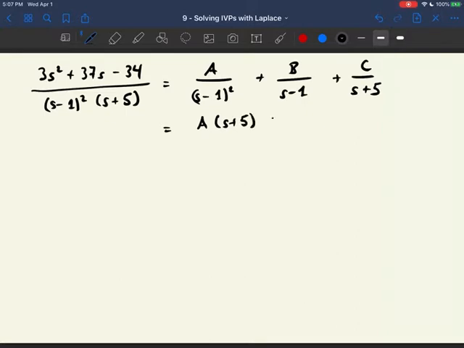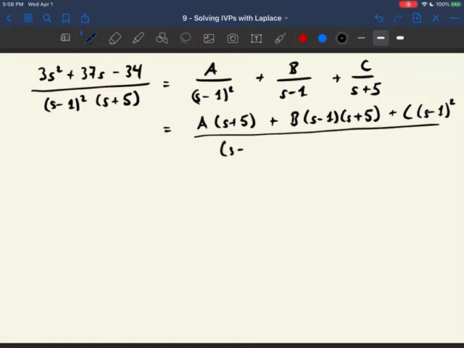All right, so we're going to get a common denominator on the right-hand side. That will give us A times s plus 5 plus B times s minus 1, s plus 5, and C times s minus 1 squared, and that's all over s minus 1 squared times s plus 5.